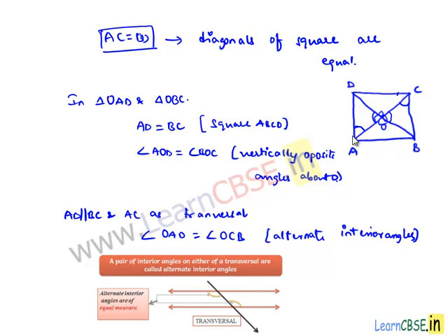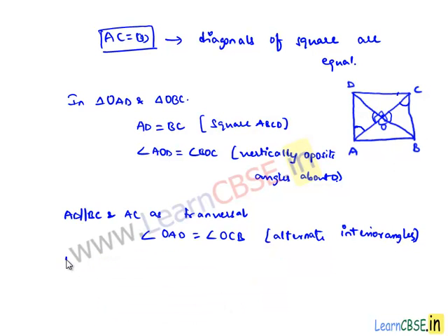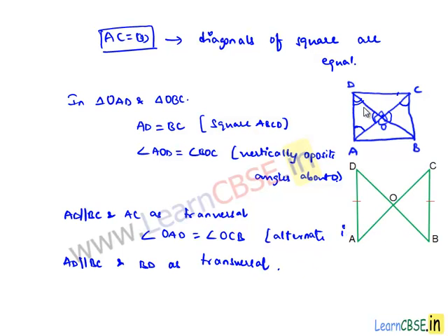Now again, considering the same point that AD is parallel to BC and BD as transversal, we can say angle ODA will be equal to angle OBC, since they are also alternate interior angles.